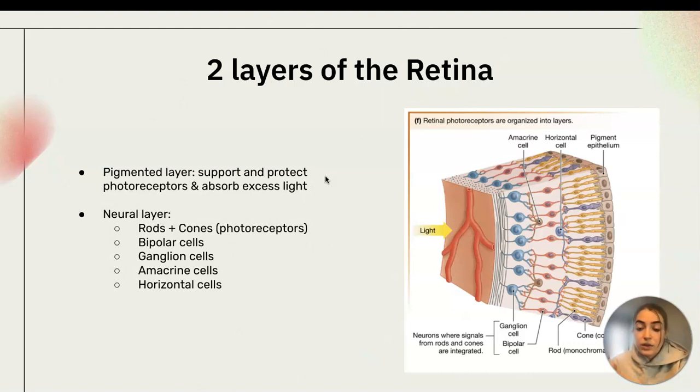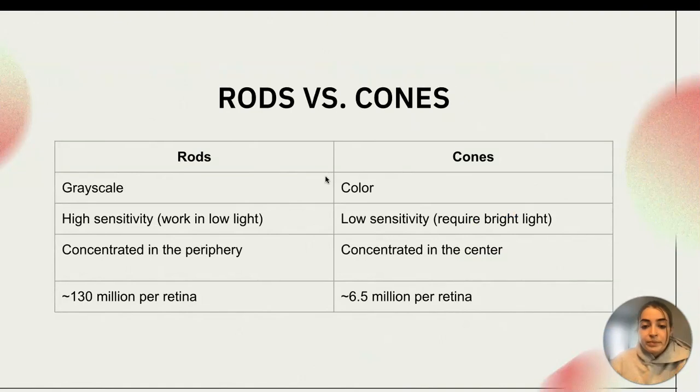As you can see on the left, those blue ganglion cells have those long axons attached to them that travel out the optic nerve and into the brain, where those signals are translated into images that we see.